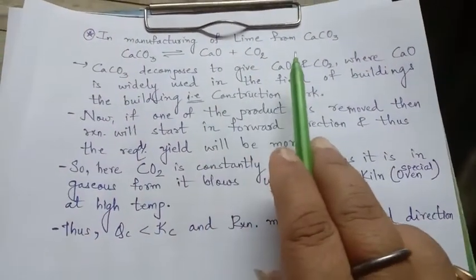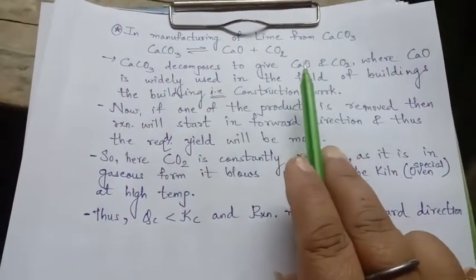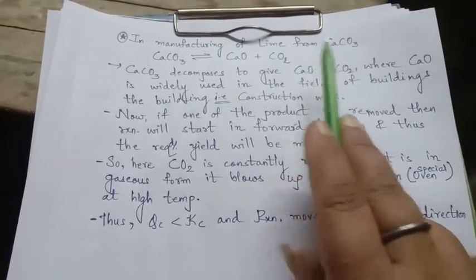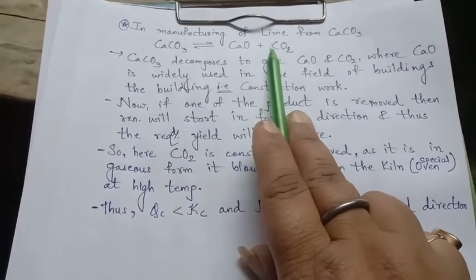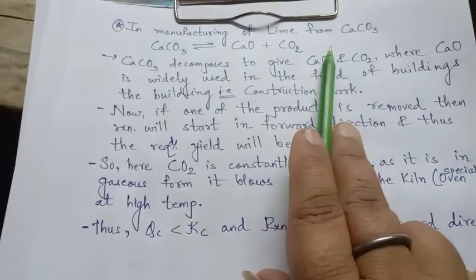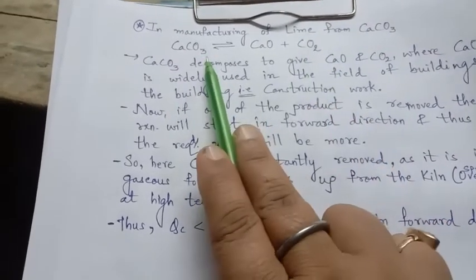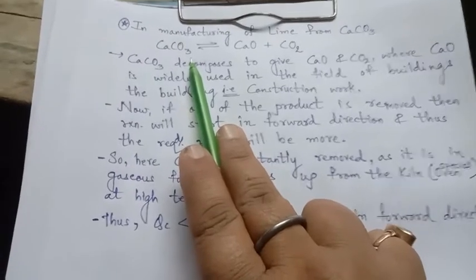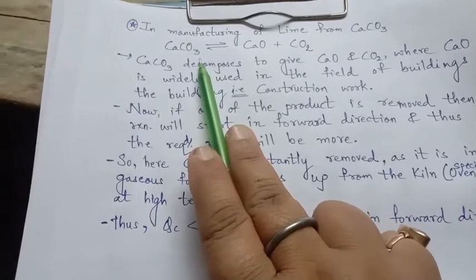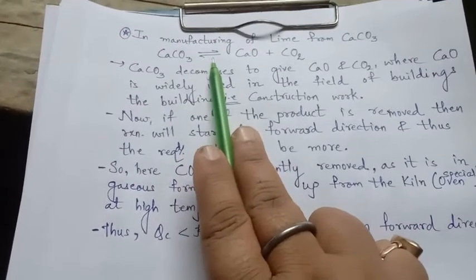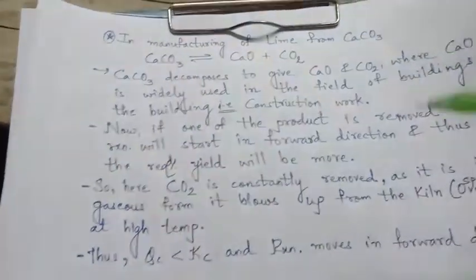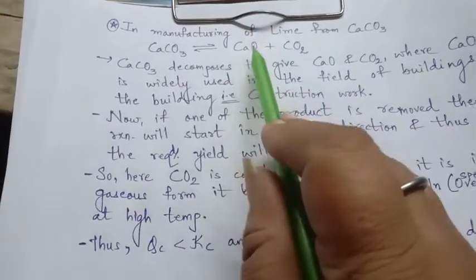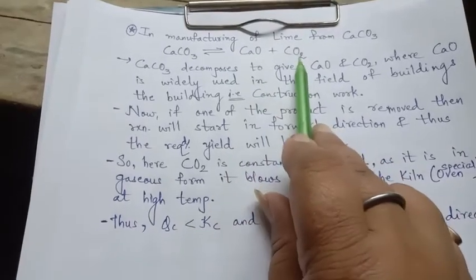In the manufacture of lime, the other process, that is the manufacturing of lime, calcium oxide, from calcium carbonate, calcium carbonate undergoes a decomposition reaction, which you have learned even in 10th standard. Thermal decomposition. If calcium carbonate is given heat, then it will decompose into calcium oxide and carbon dioxide.